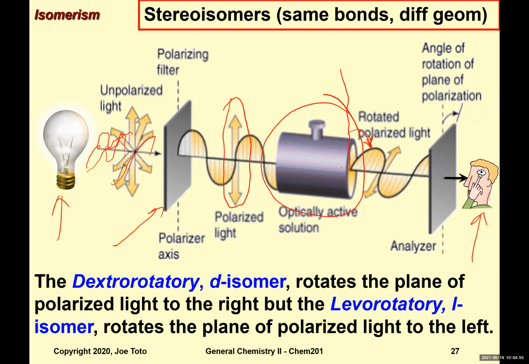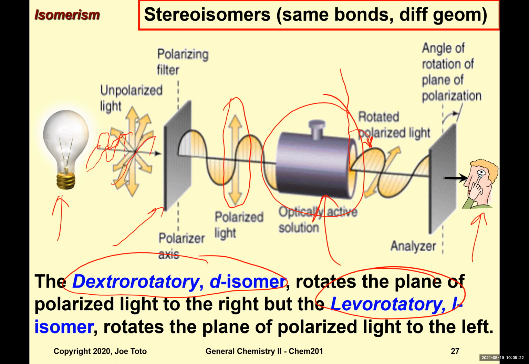And we call this isomer dextrorotatory, because if we change the cells, we put in the other isomer, that isomer is going to rotate the plane polarized light the same amount in degrees, but in the left direction. So we call that levorotatory, or the L isomer.